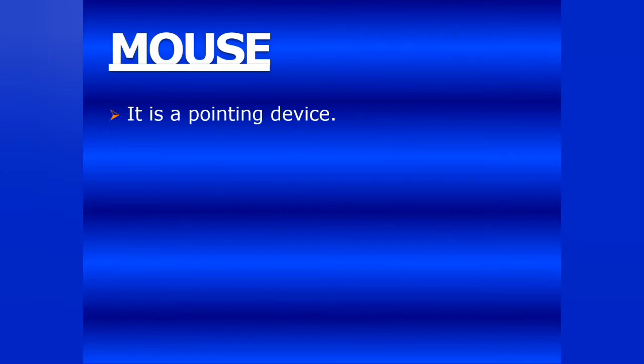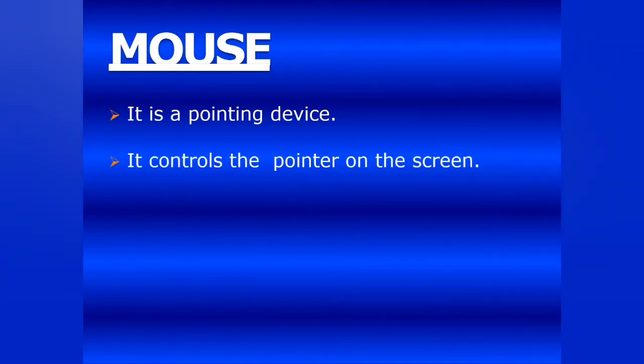The next input device is the mouse. I think you will be familiar with this. It is a pointing device. That is, the mouse is a pointing device which is used to insert instructions into the computers. It is a handheld device that controls the pointer on the screen.